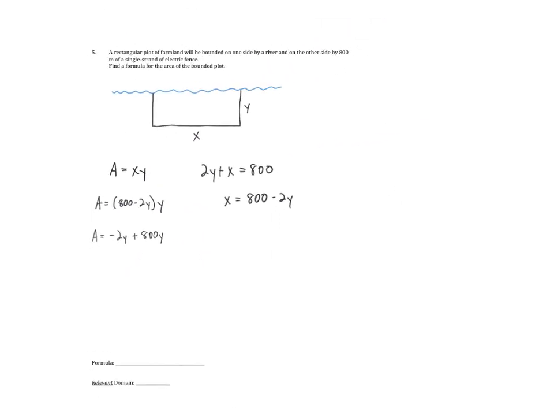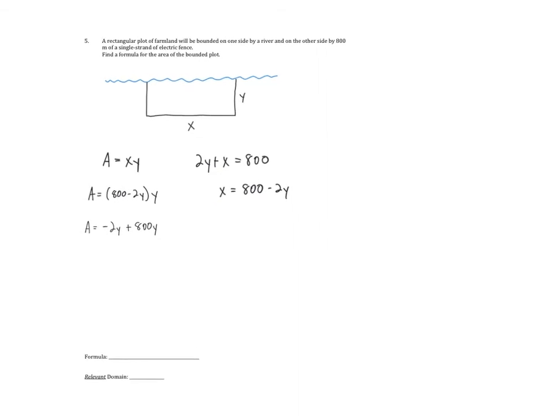Okay, relevant domain. x and y each have to be positive. That's the main thing. They can't be 0 or else there won't be a rectangle. And then x could go up to 800. It can be anything up to 800, and that means y would end up being really small.